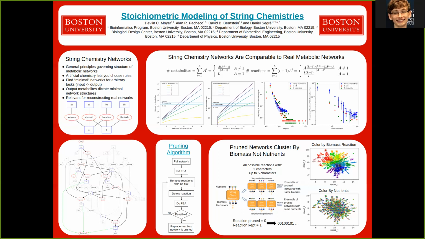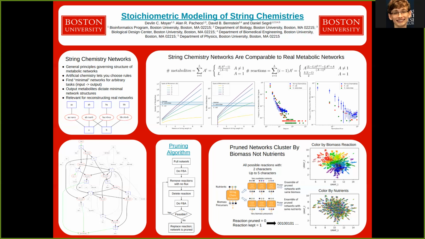And for the string chemistry networks, we can certainly define stoichiometric matrices because they have reactions with reactants and products. We put coefficients on them, and we get a stoichiometric matrix. FBA does not care that they do not represent actual chemistry.